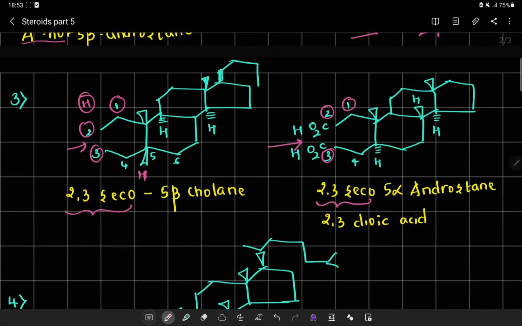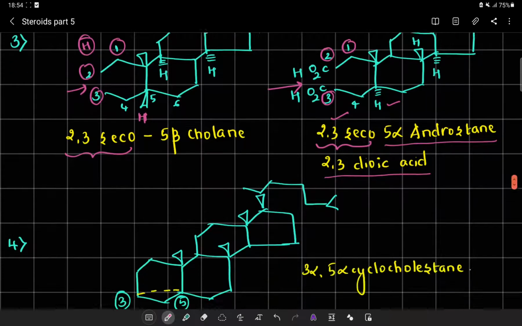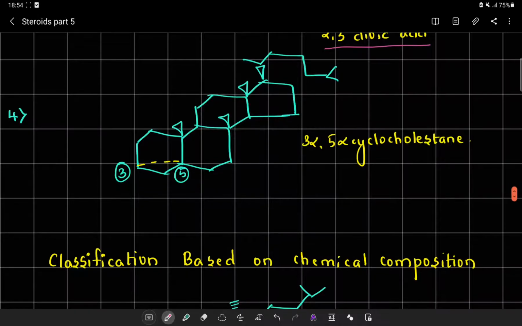That means we have to indicate the cleavage point with their numbers. It can be 2,3, 4,5, 6,7, anything. But seco we need to give because it is a cleavage, followed by 5-alpha-androstane-2,3-dioic acid. Why 5 alpha? Because at the 5th position the proton is below the plane. So if there is a cleavage, then seco is utilized.